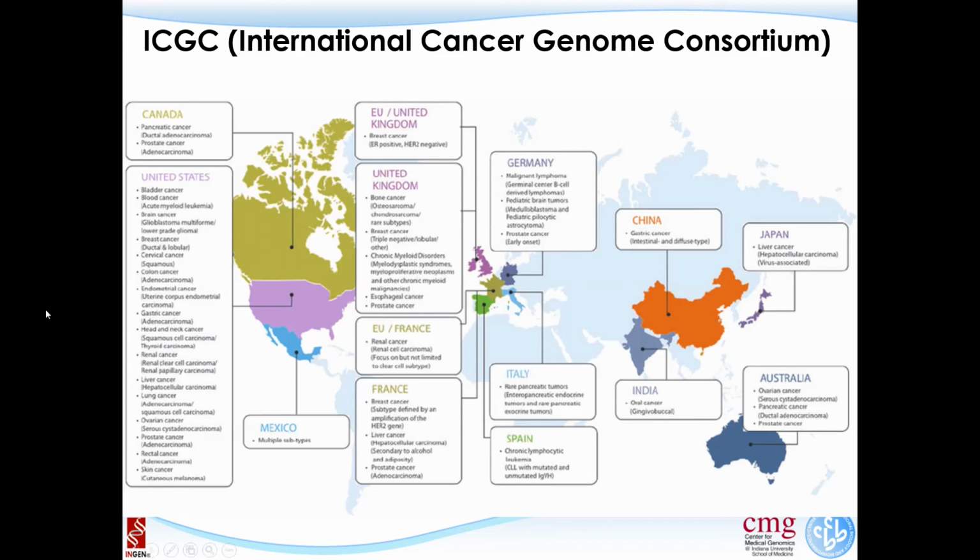So you see, in the United States, there are other cancer types being focused on in Canada and Europe, different countries, and in China, Japan, Australia, and in India. So all different countries are focused on different types of cancer, more predominant in their populations. And the data, I have not tried, but I think in many cases it's downloadable as well.